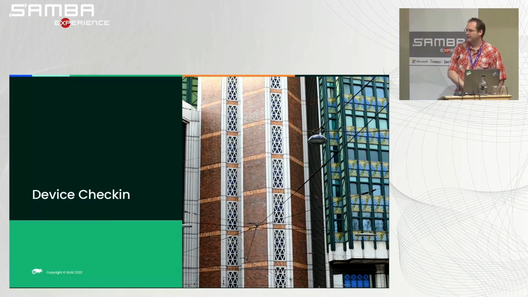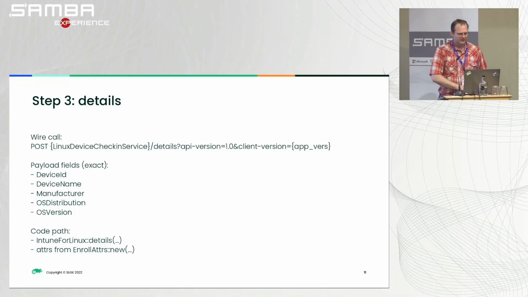So let's talk about device check-in. The life cycle of Intune is you enroll the device once, and then every so often you do a check-in. The check-in validates that the device is still compliant with policy, and the policies might change.